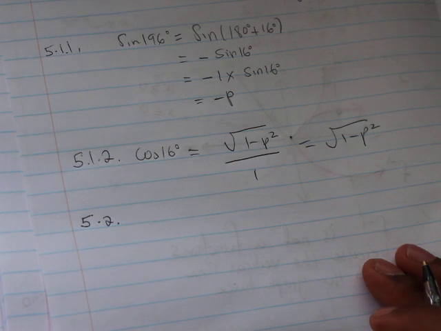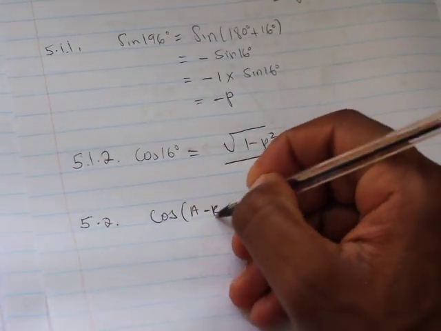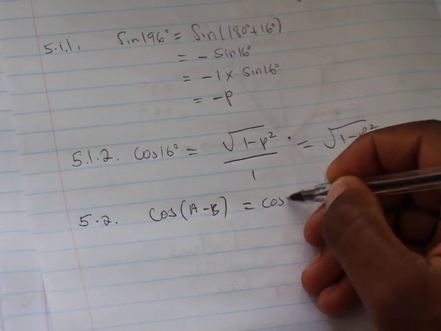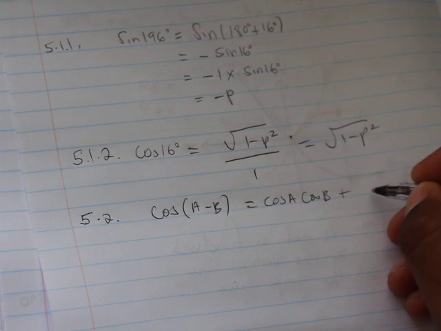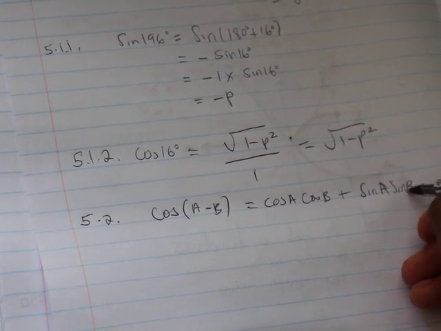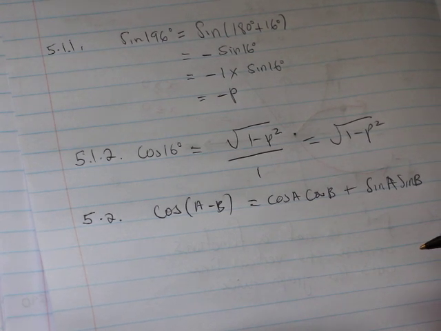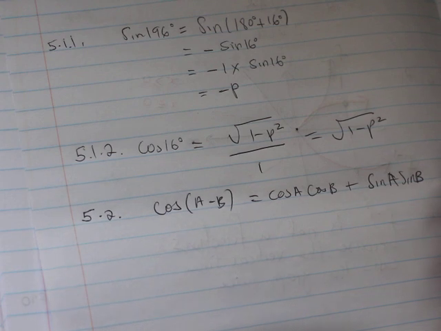says given that the cosine of a minus b is cosine of a cosine of b plus the sine of a the sine of b. You guys already know the compound angle identities, isn't it?